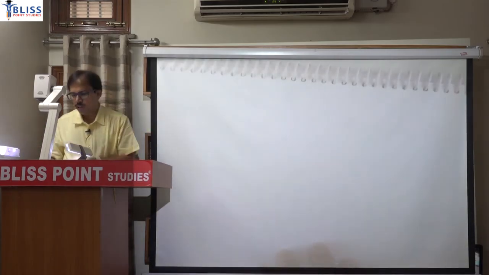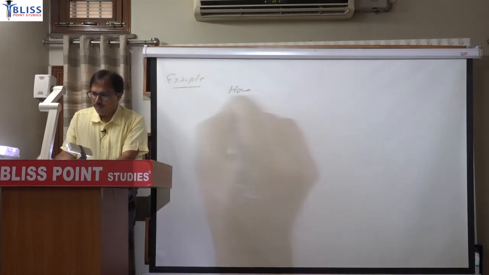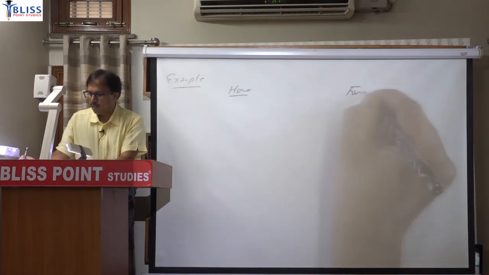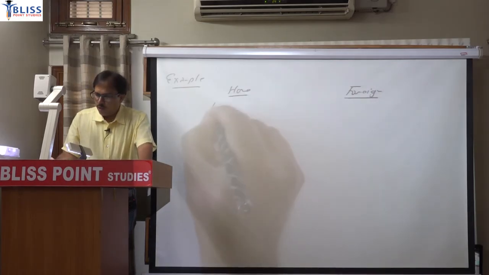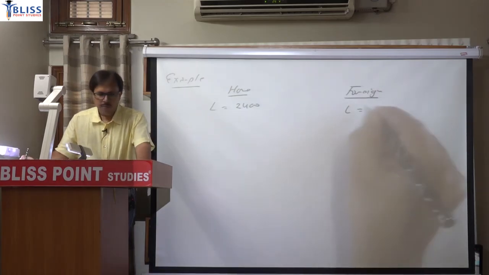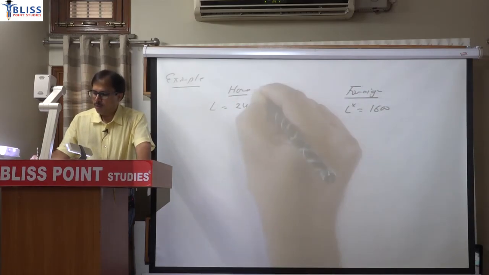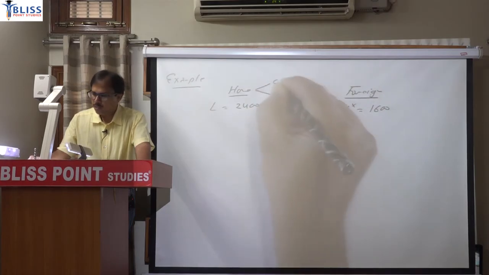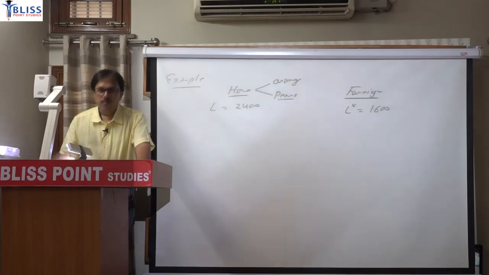But usually if the question is on productivity, you can write one more example. Suppose I give information about the home country and foreign country. The home country has an overall labor force of 2400 and the foreign country has a labor force of 1600, and by using this labor, the home country and foreign country produce two products, orange and pears.